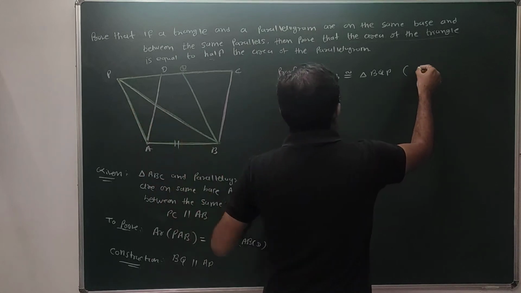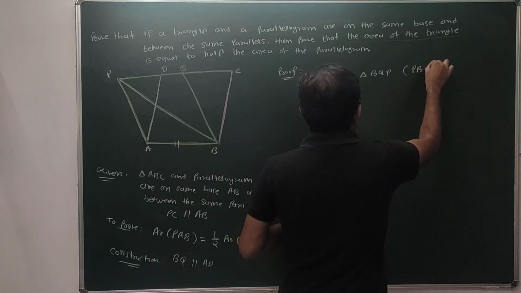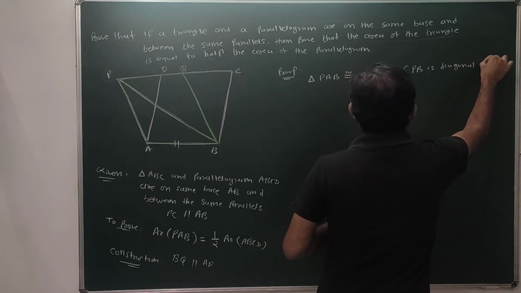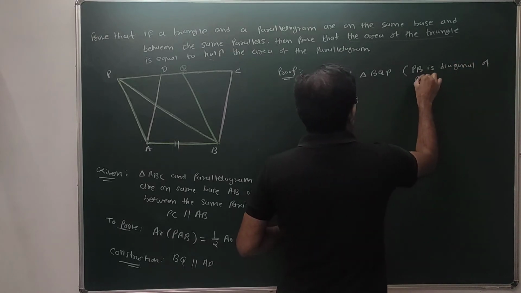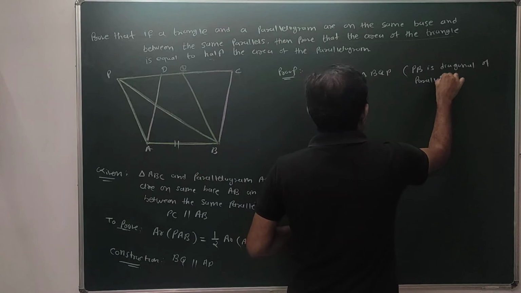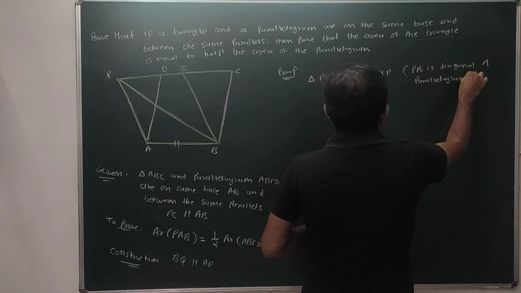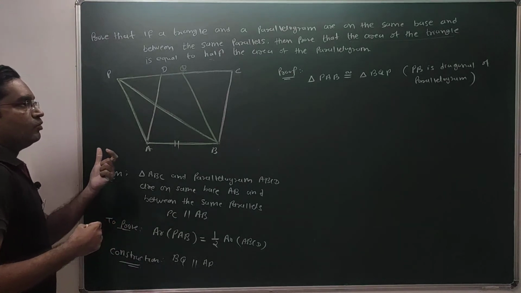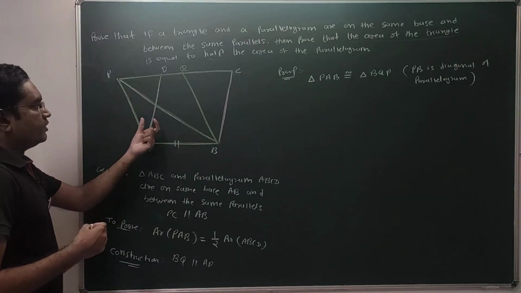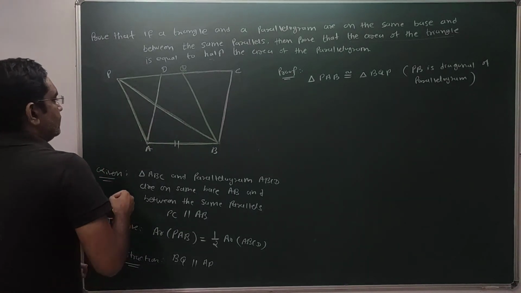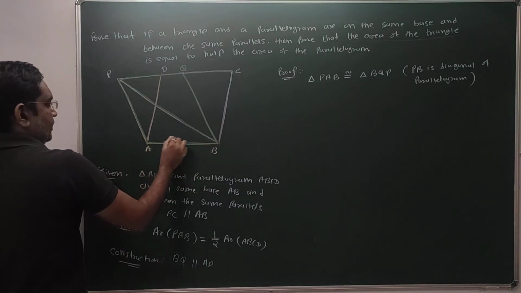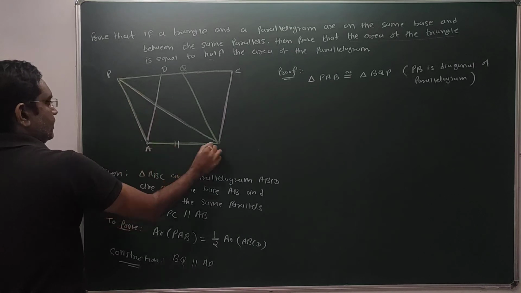because PB is a diagonal of the parallelogram. So a diagonal of a parallelogram divides the given parallelogram into two congruent triangles. So the areas of both triangles are equal. Which two triangles? We are considering this green parallelogram ABQP.